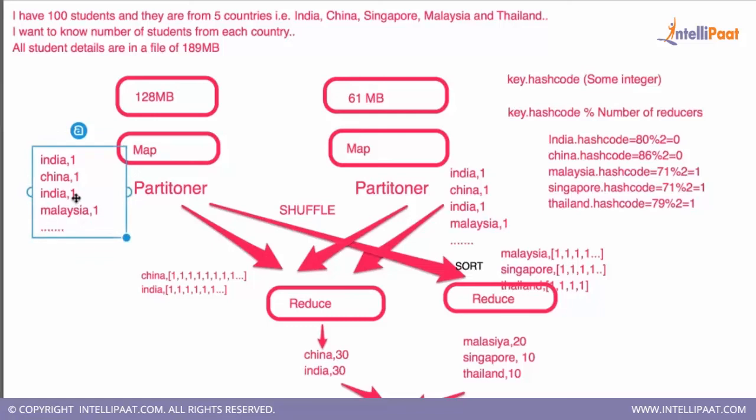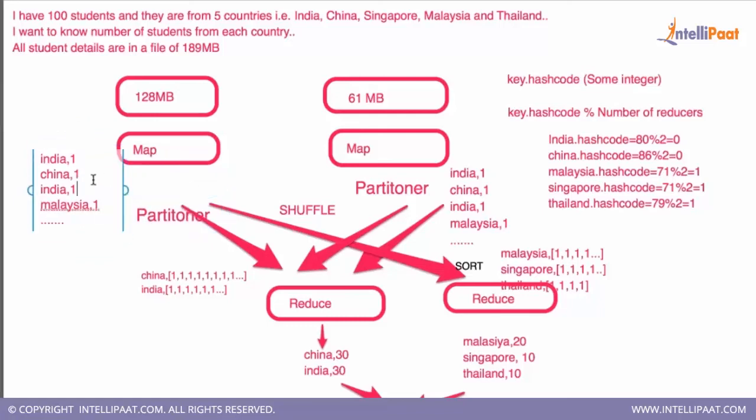Why can't we do something like this: we add everything up and directly send India 22, China 22, Malaysia 6, Singapore 6, Thailand 6, let's say.